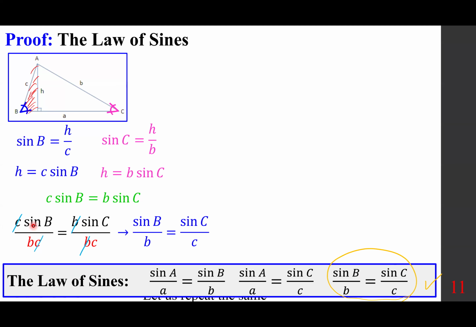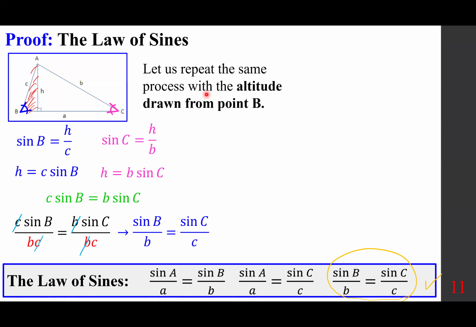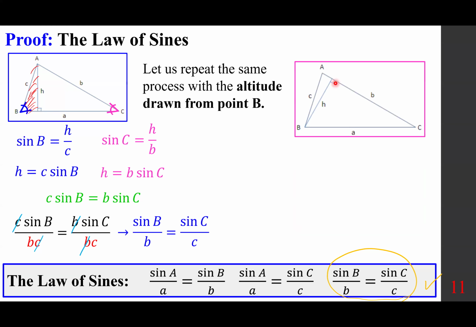All right, let's continue. Let's repeat the same process with the altitude drawn from point B. What we did from point A, we dropped the perpendicular, that was the height. Now from B, we are going to do that, creating, of course, a 90-degree angle.